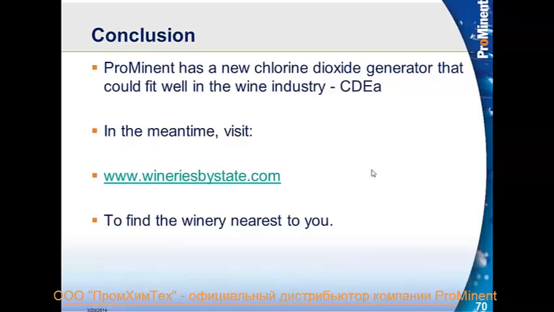Our process of using chlorine dioxide has to be generated on site. So if you have an application in a winery, let's say, you would have to purchase a chlorine dioxide generator and the two precursor chemicals and generate on site what you need to do your disinfection.